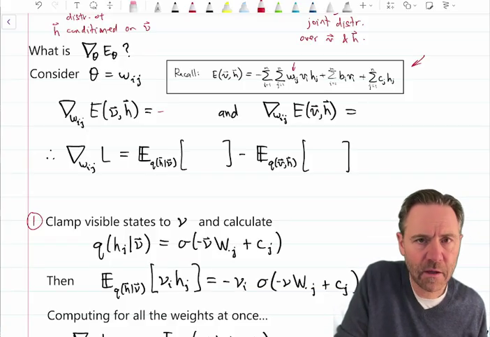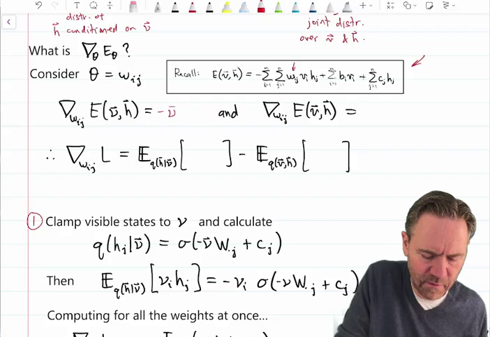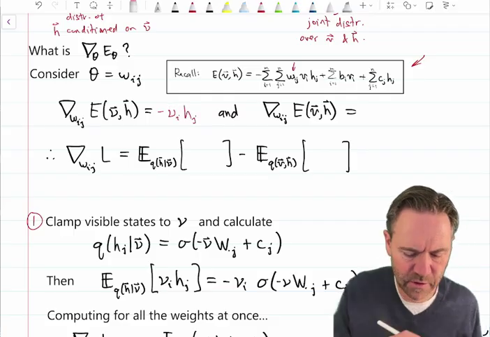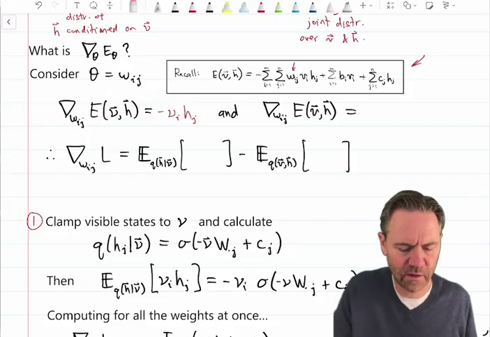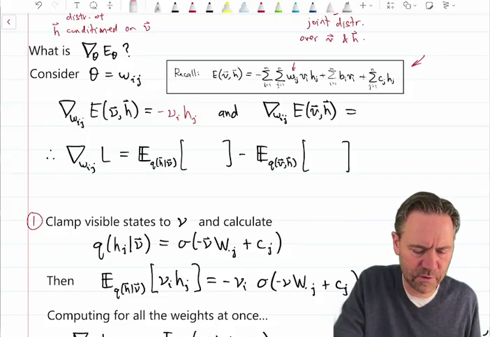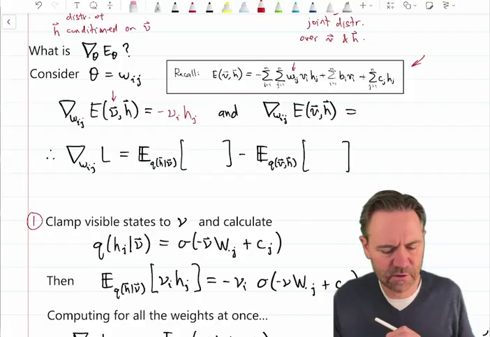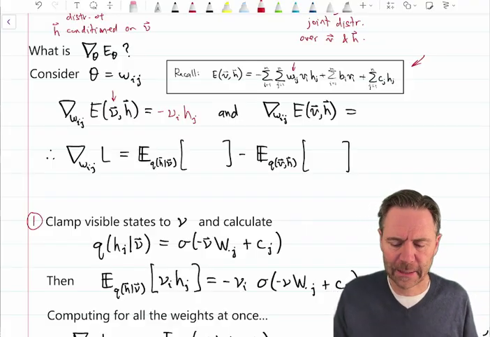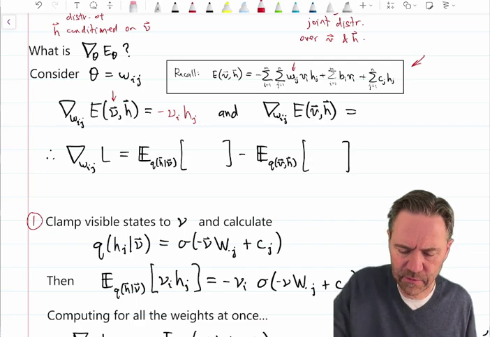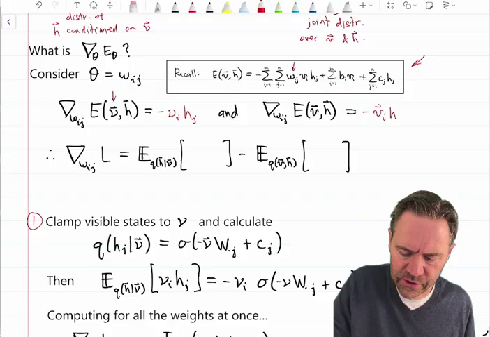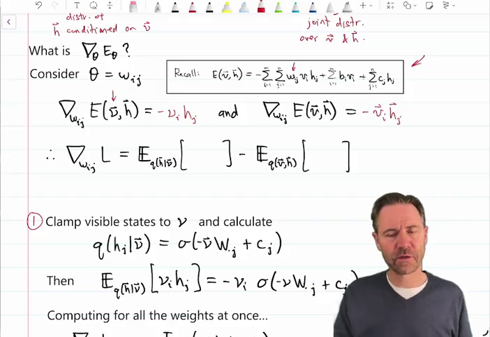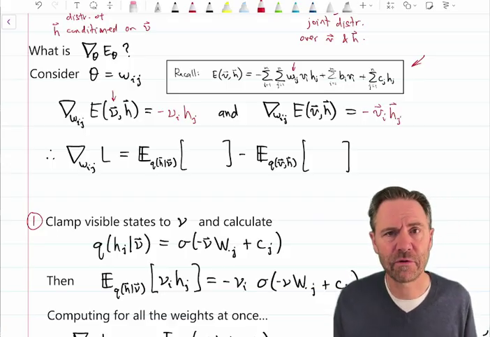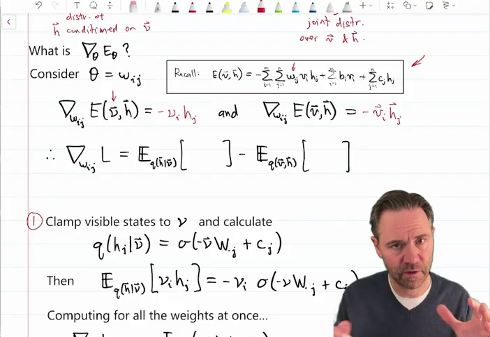Vi, Hj. Whoops, not vectors. Those are specific nodes. So see that this is with the supplied visible. Now this other one is not the supplied visible, so we put the variable h and j. So those are the gradients of the E with respect to those weights for those two different scenarios.